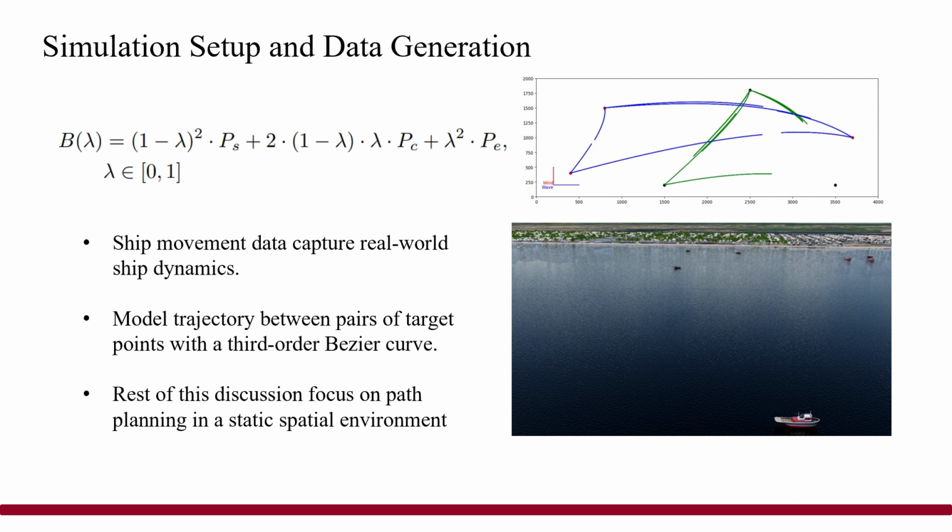This method generates a spatial-temporal dataset of ship movements. For the rest of the discussion, we are focusing on path planning in a static spatial environment, using a single frame from our dataset. And our immediate future work will tackle planning on the spatial-temporal dataset.